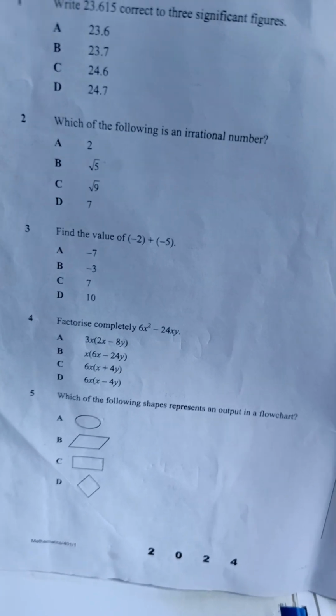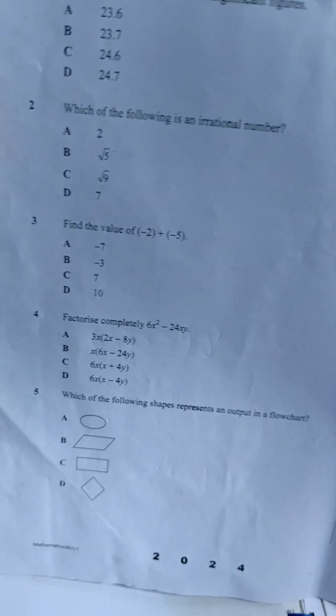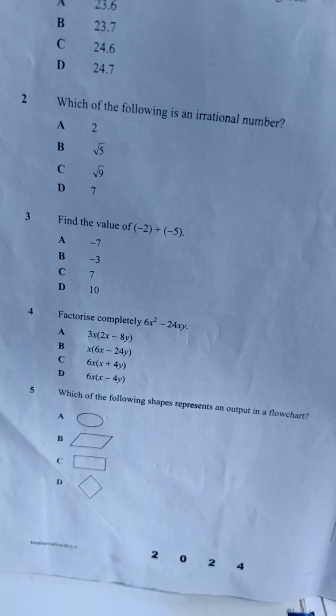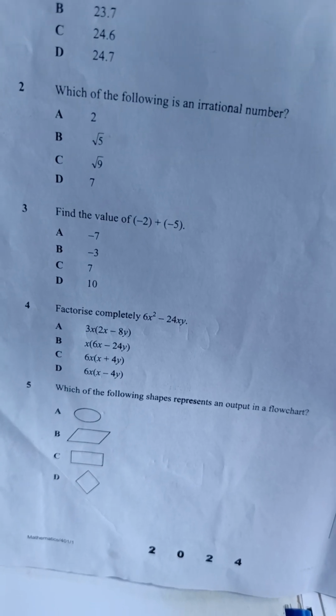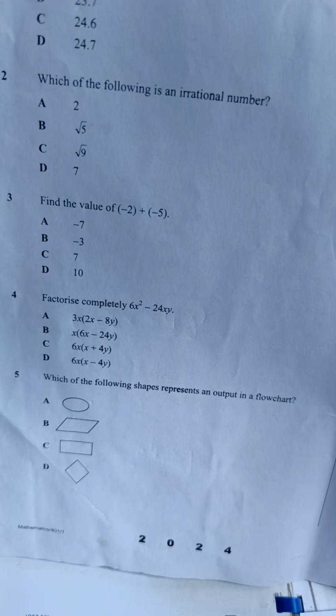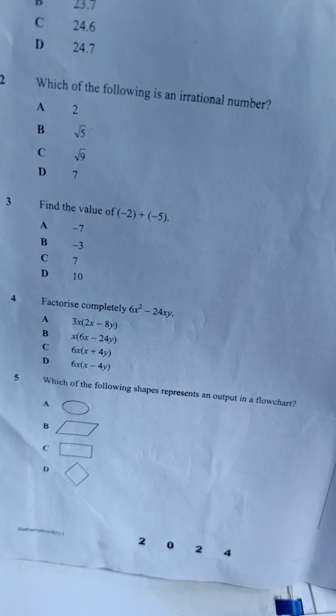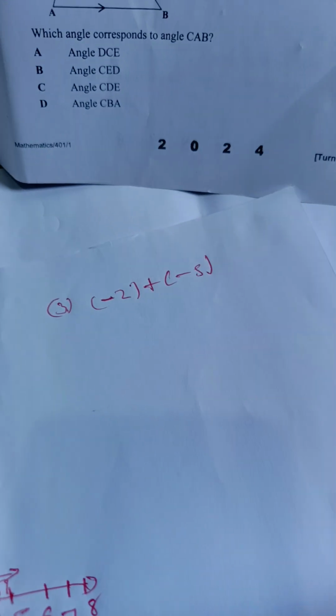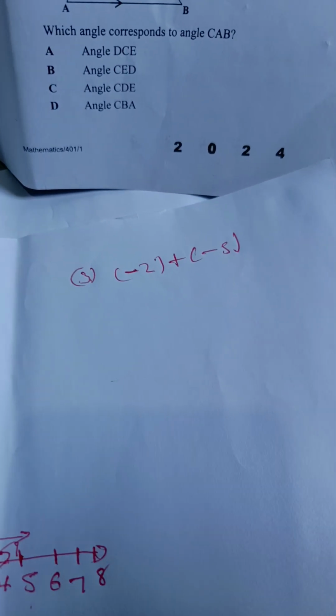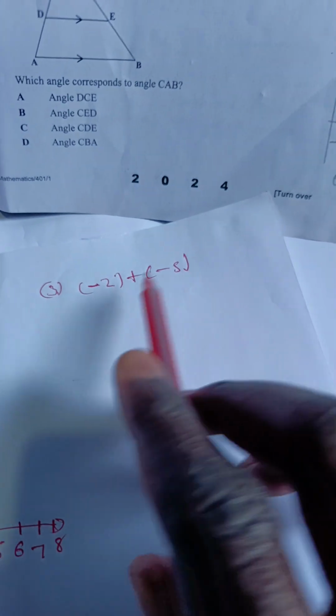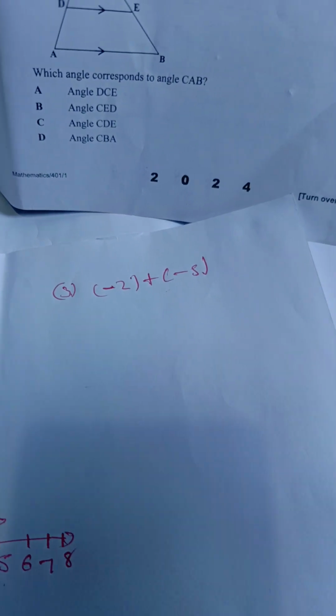So we are going to copy the question here, which says find the value of negative open bracket negative 2 positive open bracket negative 5 close bracket. So I've just copied our equation here, question 3. So here what we are going to do, since we have 2 brackets here, we'll try to get rid of the what?